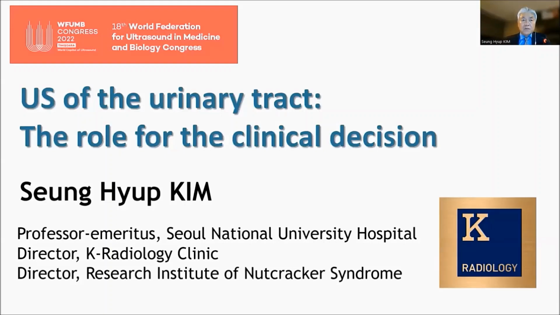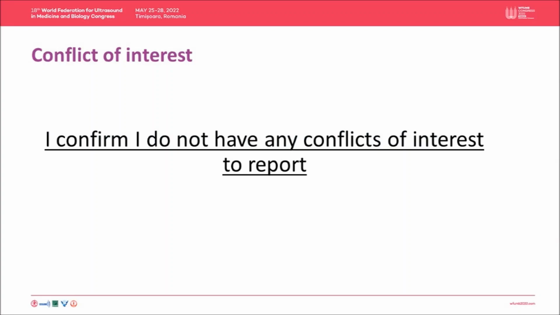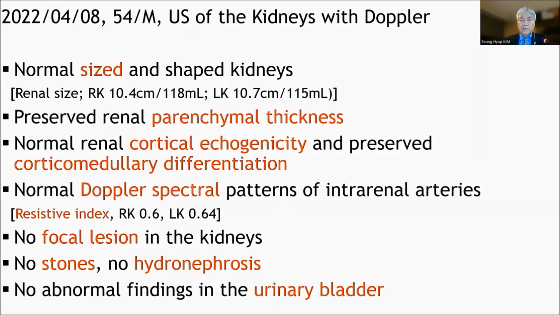I was asked to talk about ultrasound of the urinary tract, the role for the clinical decision. This is an example of a report of kidney ultrasound covering the kidneys, ureter, and urinary bladder used in my clinic, and it contains most of the important items checked while I am doing ultrasound.